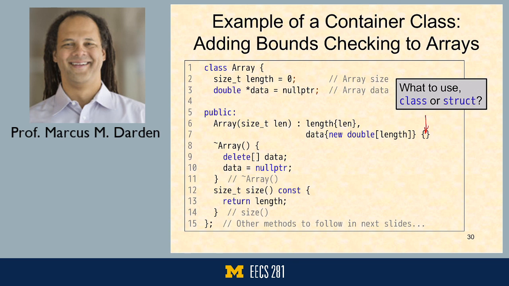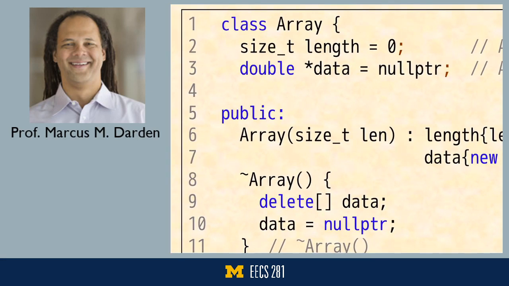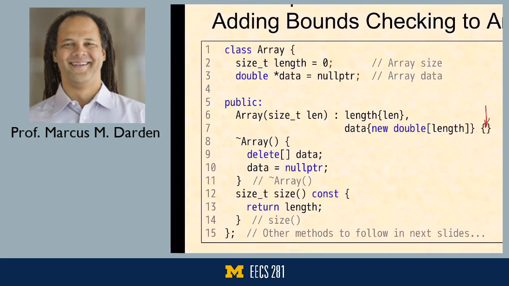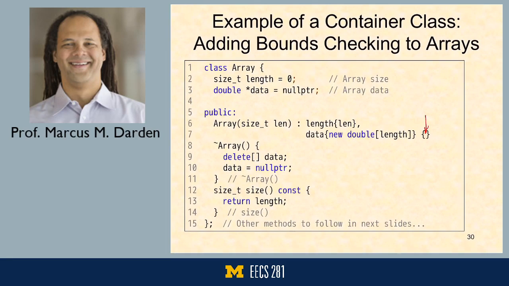You can add public or private tags, right, to anything. So I can say this class has public members. I could also say I've got a struct that has private members. It's just the default way things happen. So with struct, they're public by default. With class, they're private by default. Other than that, they compile to the exact same thing.